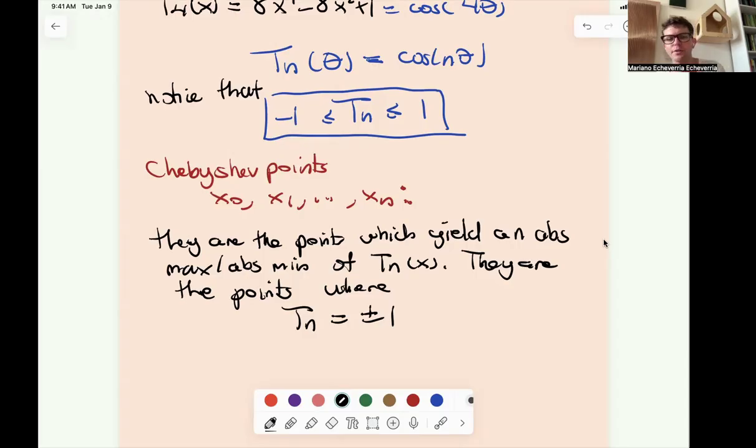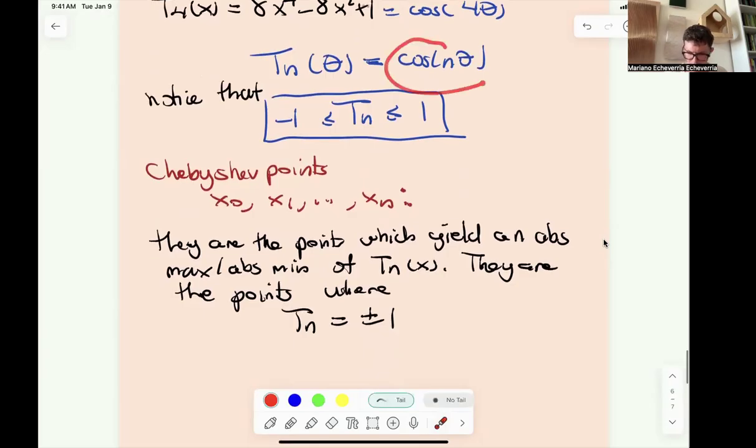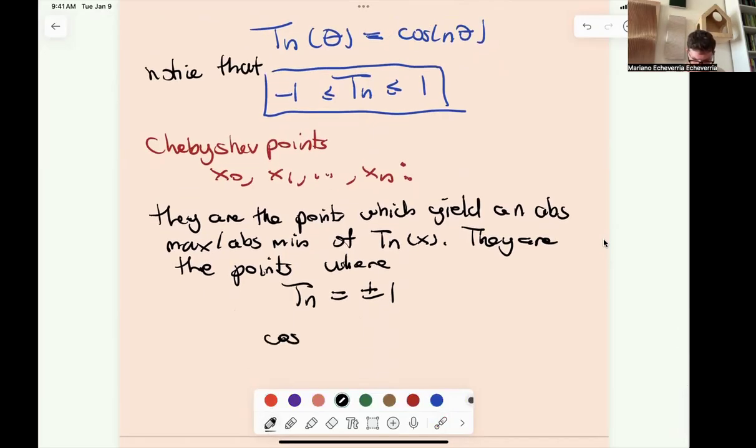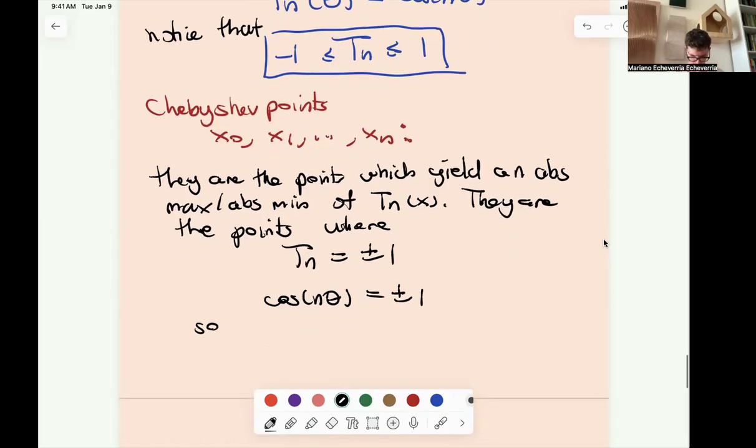And so where does that happen? It's super easy to find if you use this second version of the Chebyshev polynomial. You want cosine of n theta to be plus or minus 1. When is the cosine plus or minus 1? That is at 0 and at pi, right? So n theta has to be 0 or pi, or multiples of that.